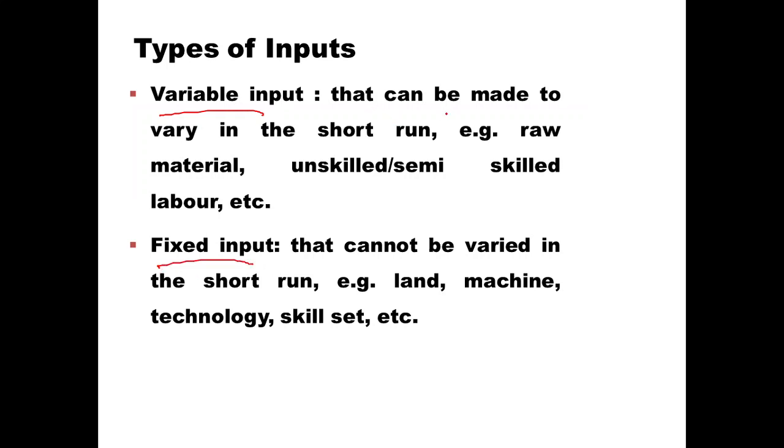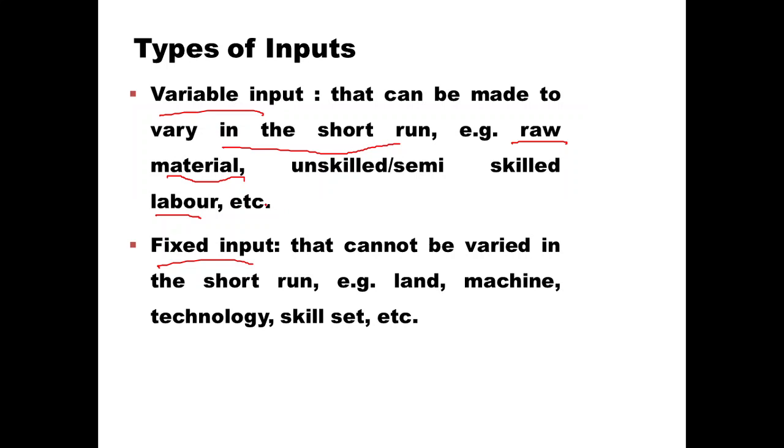Variable input is that which can be made to vary in the short period, like raw material. If you increase your production, you will be using more raw material. If you are producing more, you need more unskilled and semi-skilled workers or daily wagers. You will be using more.